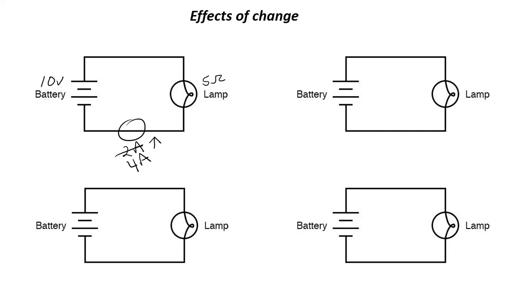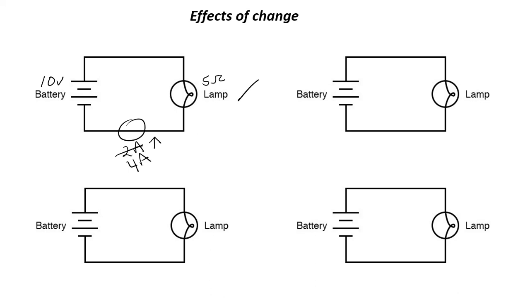We know that two things always affect the third one, right? So let's think about this. If I make my amps go up to 4 because I need 4 amps to go through my circuit, but I'm not changing my resistance, that means that my volts would have to go up.